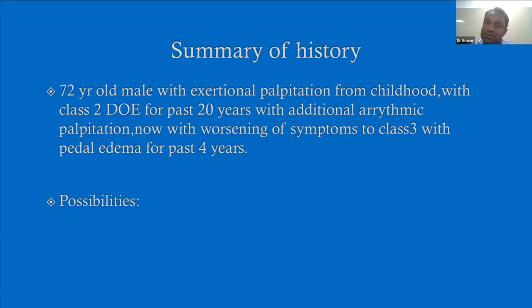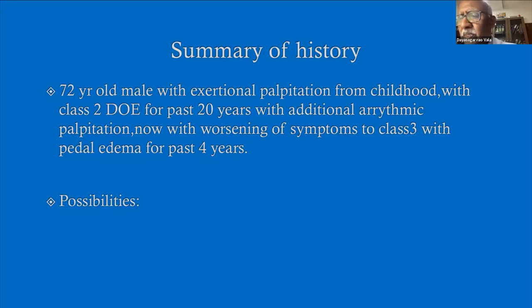Hemodynamically insignificant VSDs. But as per the history, it is dominated by arrhythmias, according to your history. Yes, from 50 years onwards. During childhood also they had palpitation. Yes, that was like exertional volume overload palpitations.